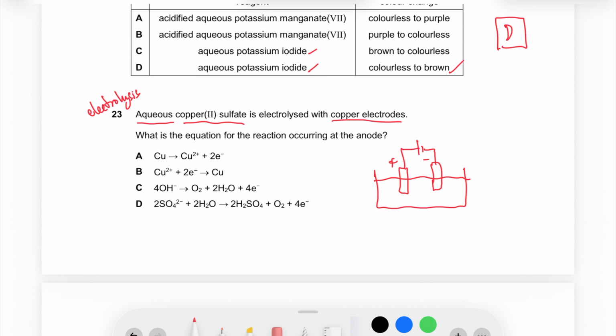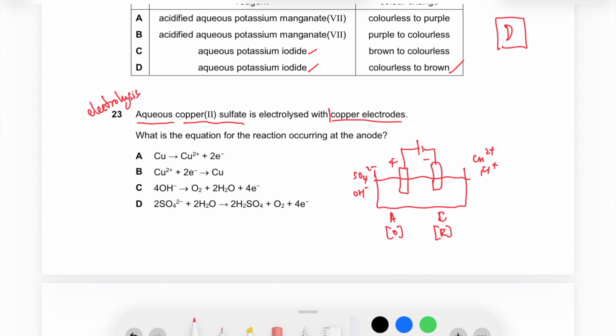So this plus, all the negative ions will be coming here: SO4 2-, I just write it at the side here, SO4 2- and OH-. Okay. And then this one will be Cu2+ and H+. So this will be the anode. Okay, anode will undergo oxidation. This will be our cathode, will undergo reduction.